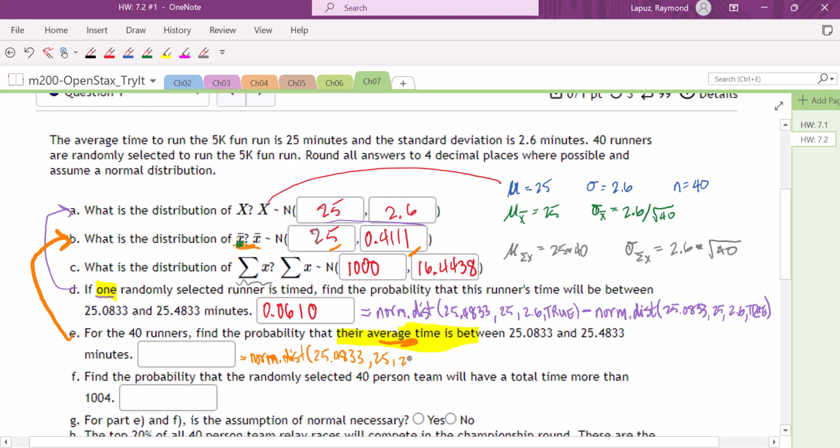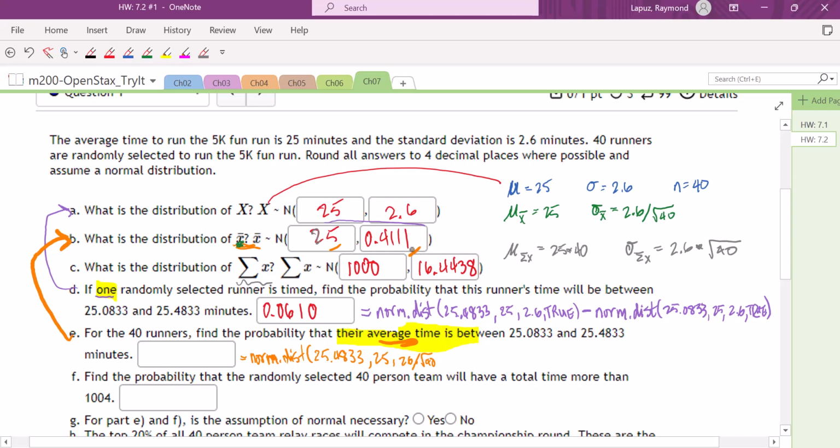So it's that 2.6 divided by the square root of 40, or you can just click on the 0.411. Now I would be a little wary about typing this in rounded off to 4 decimal places, because your probability might not round off accurately to 4 decimal places.